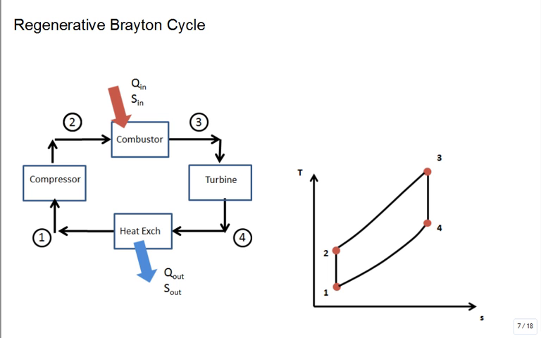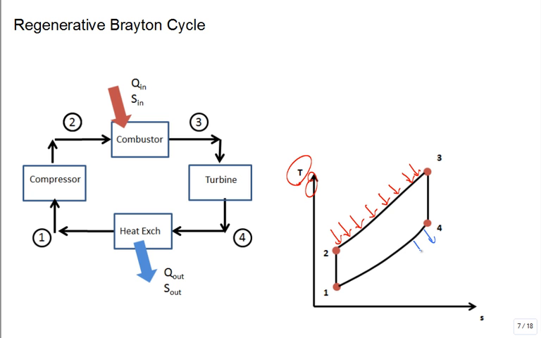And so the same idea, you take a look at a temperature-entropy diagram. Where are you heating the fluid? Well, you're heating the fluid from state 2 to state 3, true? So it's good to bring in heat at high temperature. It's bad to bring heat into the working fluid at low temperature. Just a good rule of thumb. It's shown by entropy. Where are you rejecting heat out of the working fluid?